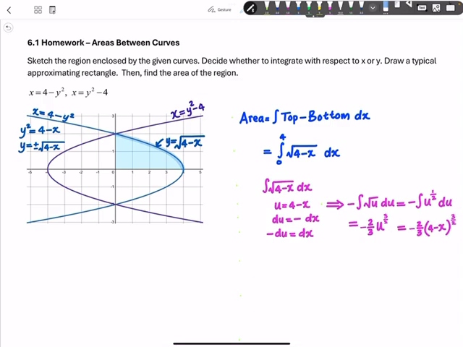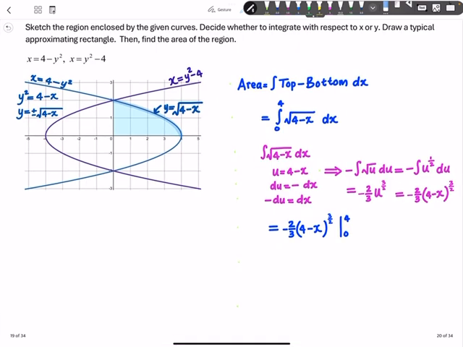So this would be negative 2/3 times 4 minus x raised to the power 3/2. Once you're done back substituting, you can evaluate on the original bounds. Note, you could have also converted the bounds to bounds with respect to u. I chose to convert back to x, and so I'm evaluating with my bounds with respect to x.